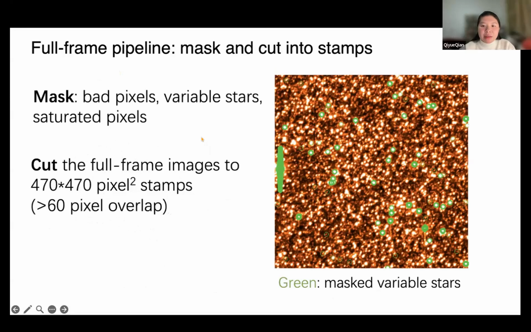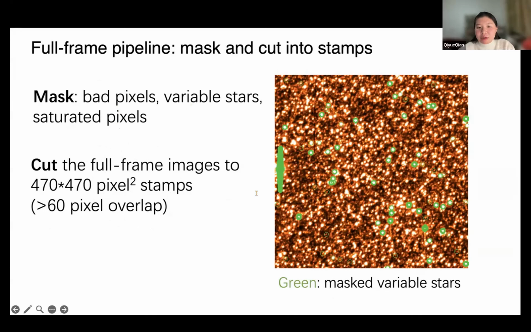Then we mask the bad pixels, variable stars, and saturated pixels to avoid their influence, as the green circles here show. And we still cut the full-frame images to stems so that the PSF and the sky background can be more uniform inside them.